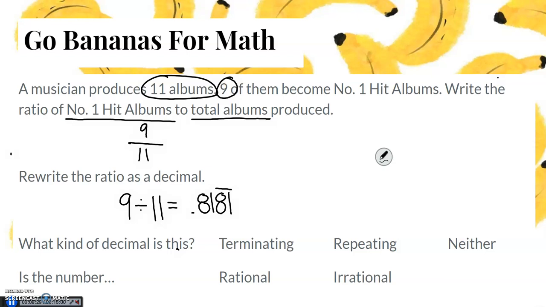So what kind of decimal is this? A repeating decimal. Is the number rational? If you call back to your chart, we know the irrational numbers are not terminating and not repeating. So in this case, it is not irrational, it is considered rational.